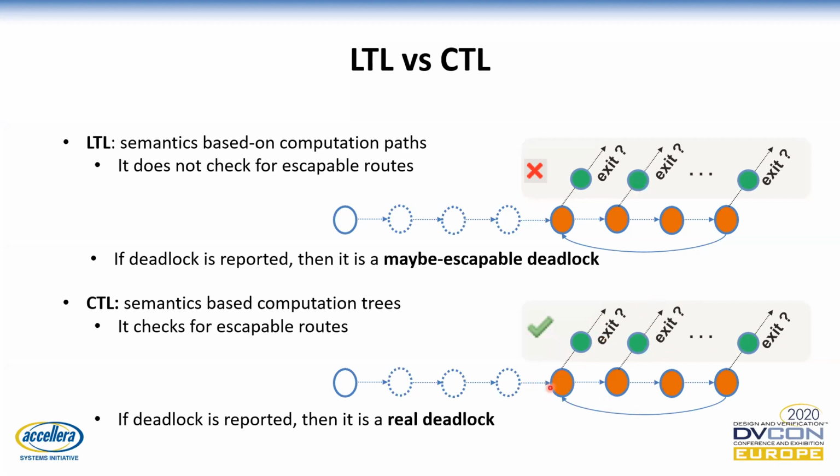This is in contrast to LTL, where there is no condition to do this. So the tool is not asked to do this for LTL or SystemVerilog. They are the same.